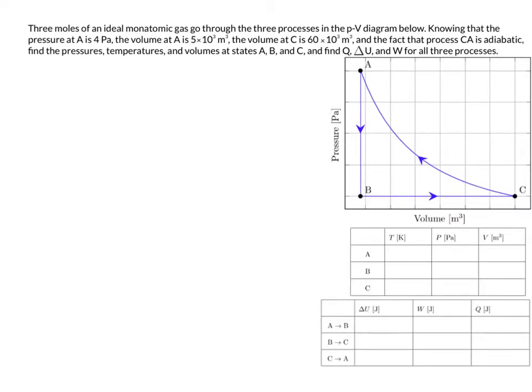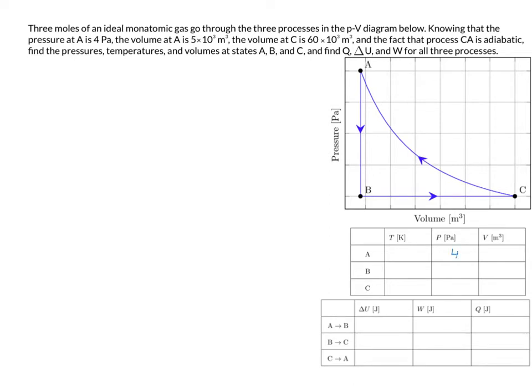All right, so here I have the diagram, and in order to organize myself, because there's lots of different things that we're looking for, I have these 2 tables, and I will have to start filling things into these tables. Now, I will write my knowns and unknowns in here as well, so let's start doing that. I know the pressure at A is 4 pascals.